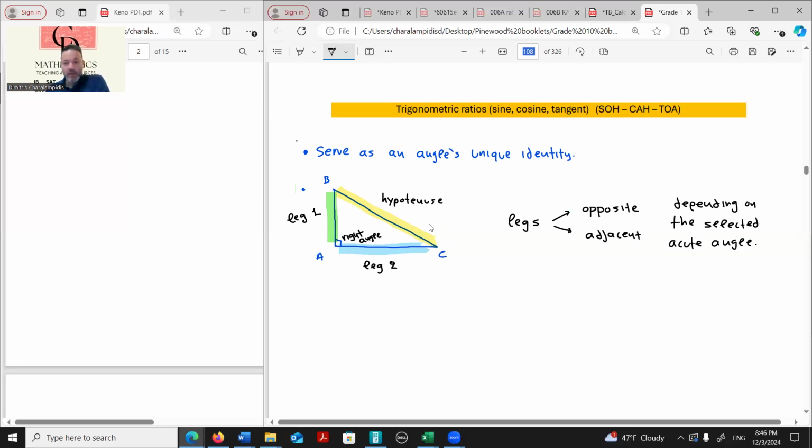What does that mean? This means that in the exact same right triangle, so I'm gonna draw two identical right triangles. This is 90 degrees, this is 90 degrees.